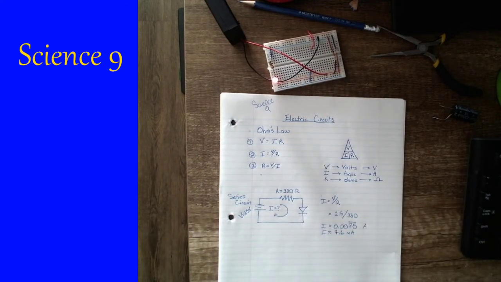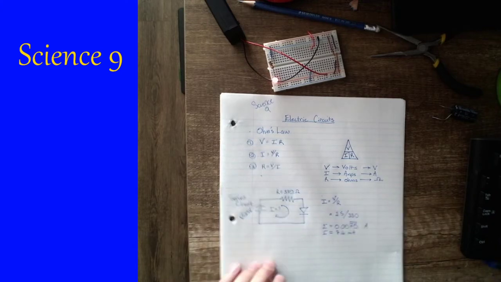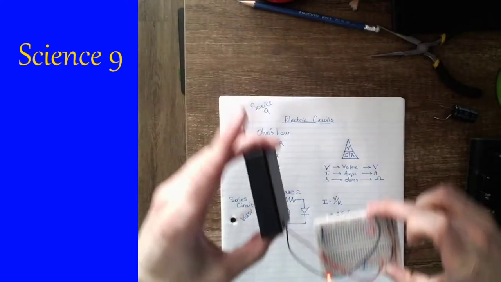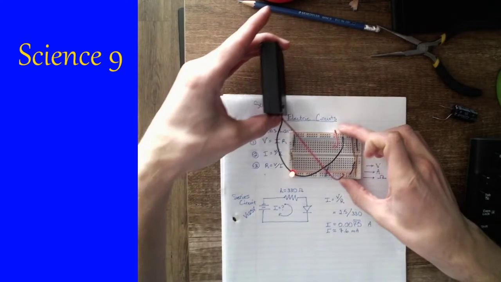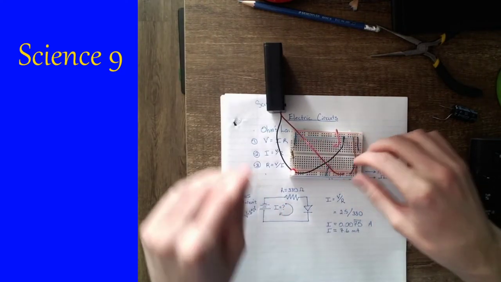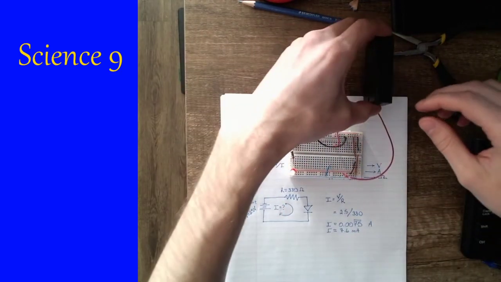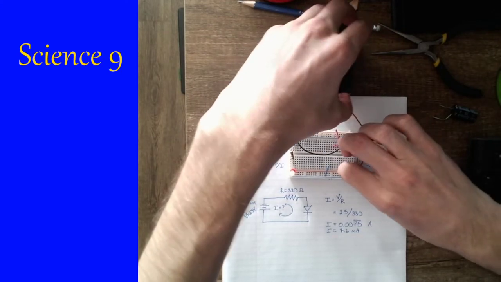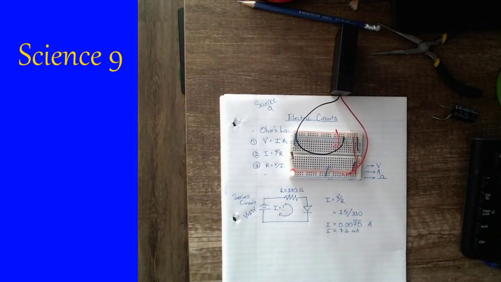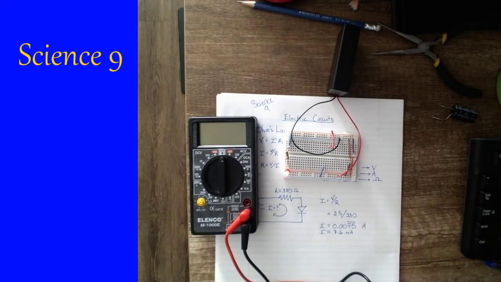And it would be useful to actually be able to measure that. So I'll bring the circuit over here, and we're going to measure the current running through the circuit. And so for that, I have a voltmeter, or I guess this is a voltmeter and an ammeter, so it is multifunction, so we call it a multimeter.